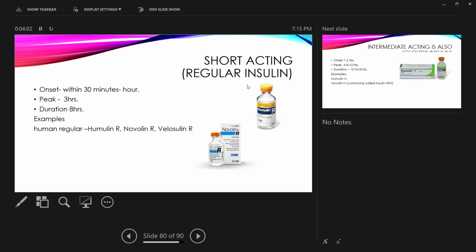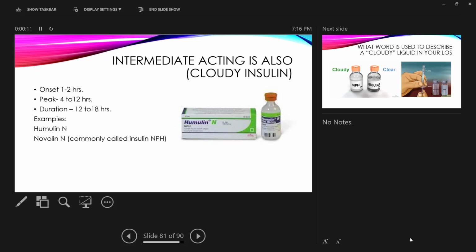Okay, let's look at more vocabulary regarding the types of insulin used to treat diabetes. And let's take a look at intermediate acting, which is also sometimes referred to as cloudy insulin. You can see there's a huge difference when you go from short acting to intermediate acting, especially in the duration of these. Onset is between 1 to 2 hours. So that means it's going to start working after 2 hours of injection.